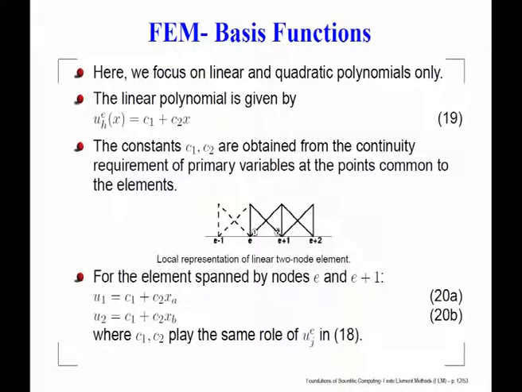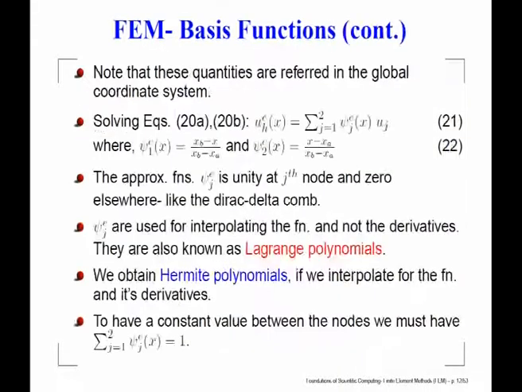It is easy: you solve 20A and 20B, and you get equation 21, where the local representation is a sum of two linear functions, which we call psi 1e and psi 2e, times the nodal values.